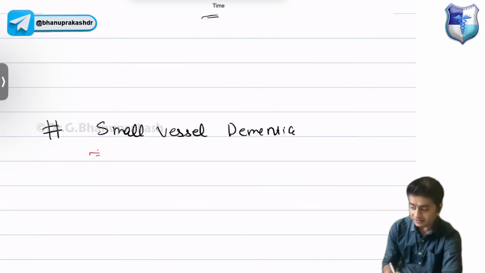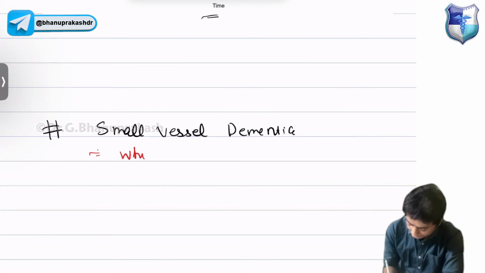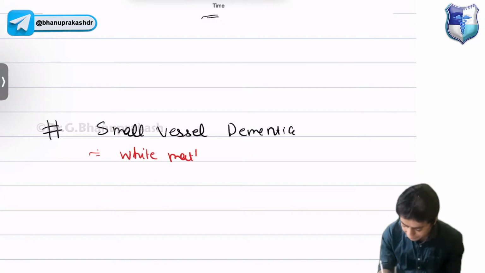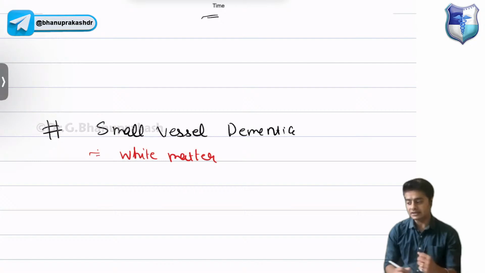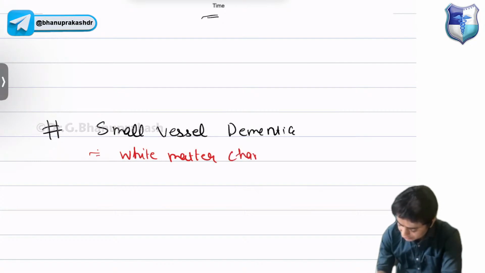So what is it? It is basically a white matter disease. So there are white matter changes in the subcortical area.